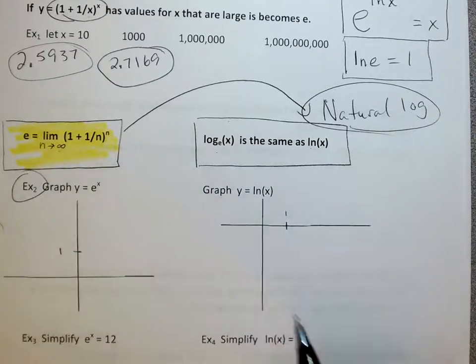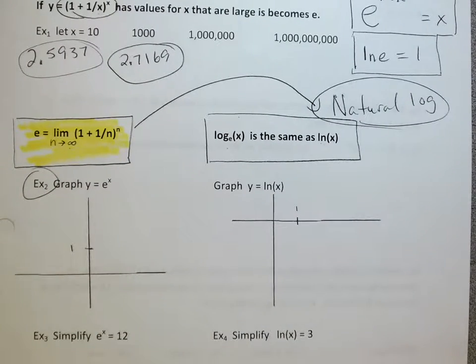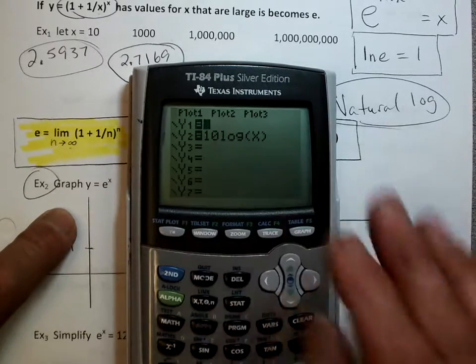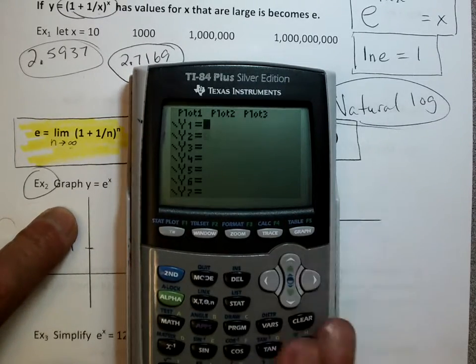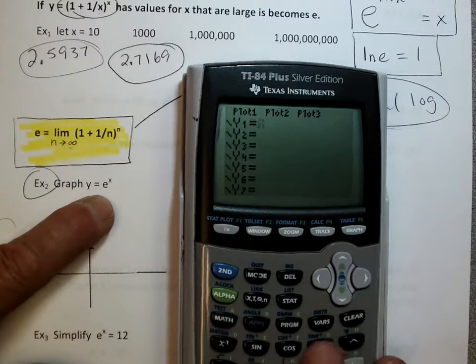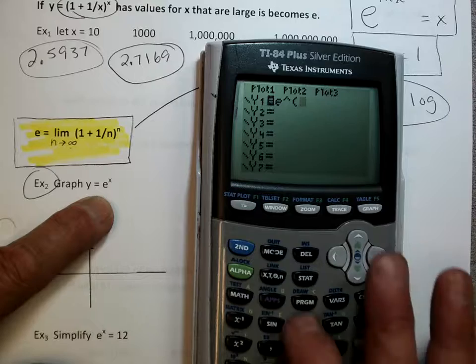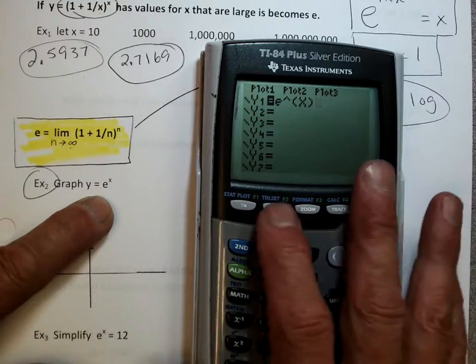Example 2. Let's graph this. Let me put on my calculator and show you what it looks like. I'm going to go y equals, clear that, then e to the power of x, and that's down by the ln. Let me change my window slightly.